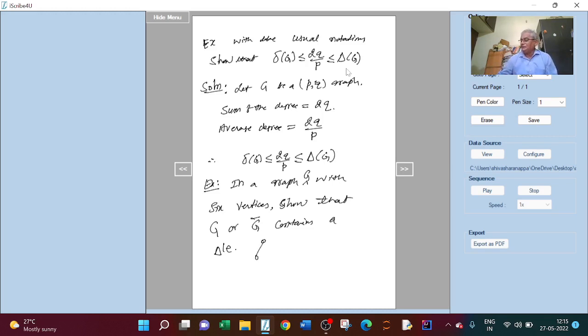So this is the triangle. Okay, G or G bar contains a triangle. This we have to prove.